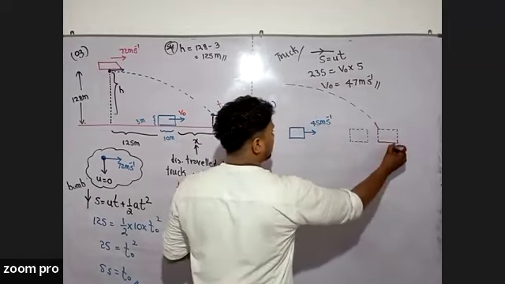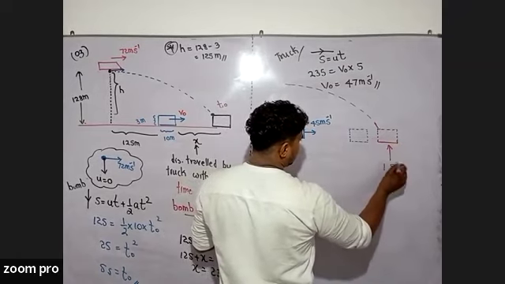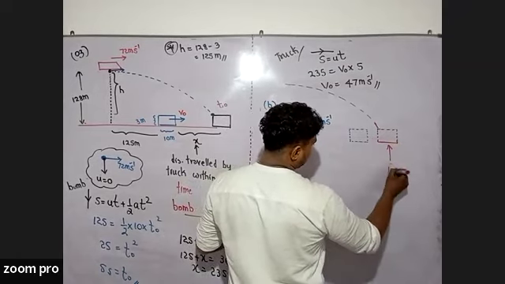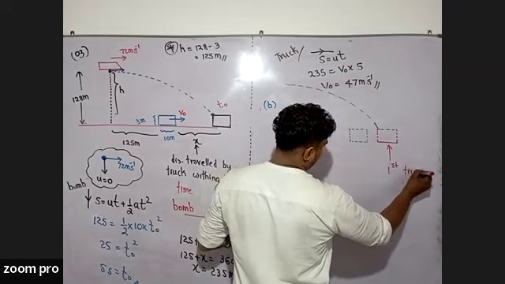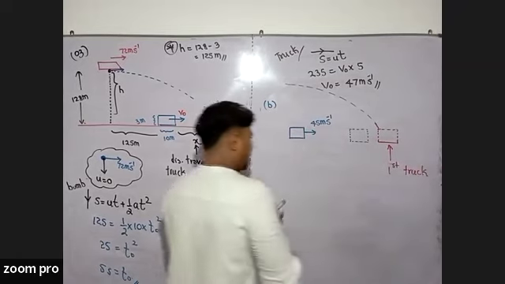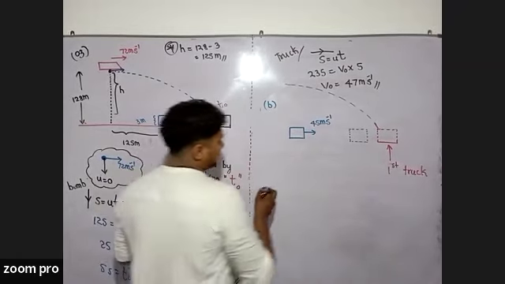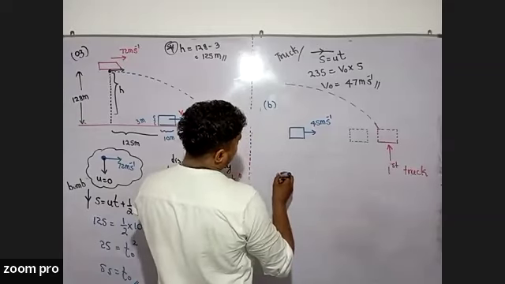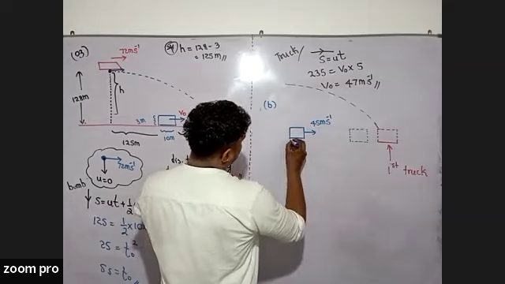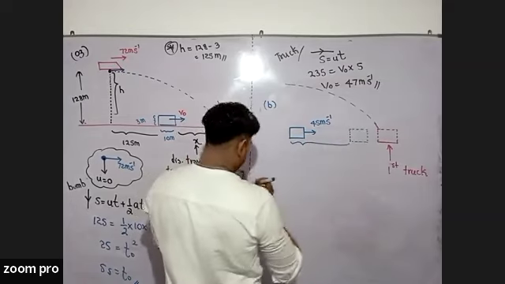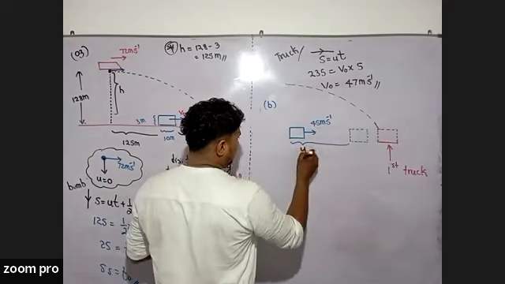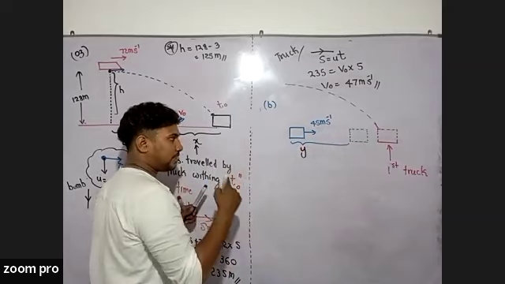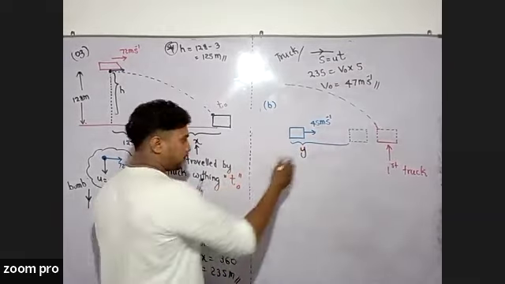This is the position of the first truck. Now let's consider the rear surface, and assume the distance traveled by the rear end of the truck as y.